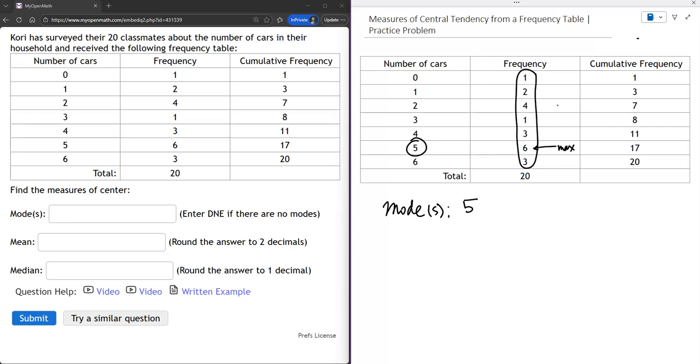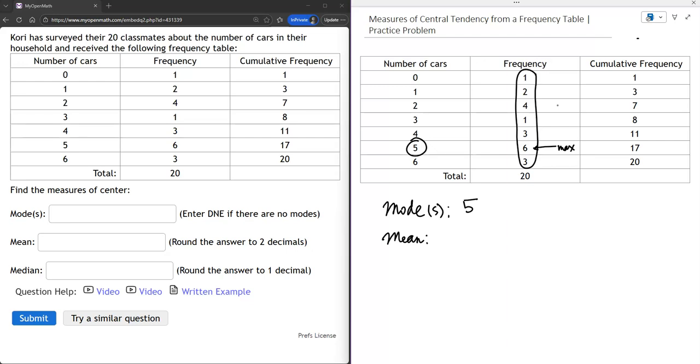So mode is easy. Let's find the mean. To find the mean, we're going to do it by using what's technically the same formula as for computing the mean when raw data is given, but it looks slightly different.